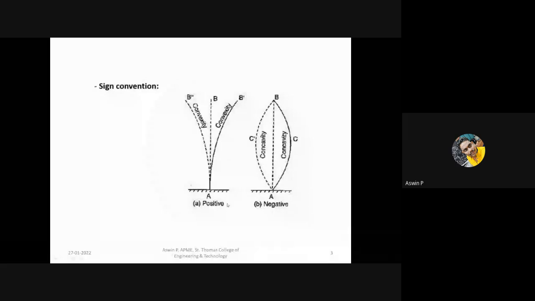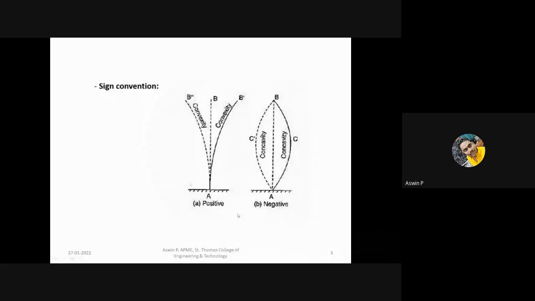But in the case of one end fixed and the other end free, we have an equation where it will bend with convexity. But when both ends are hinged or fixed, the bulge will be concavity, that is negative.